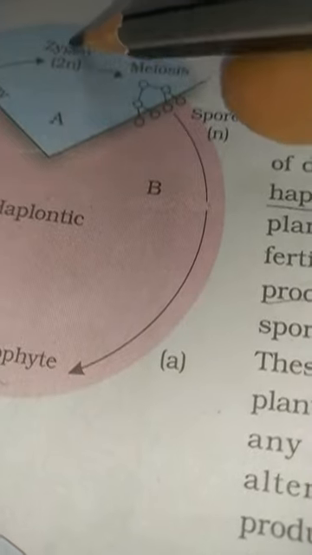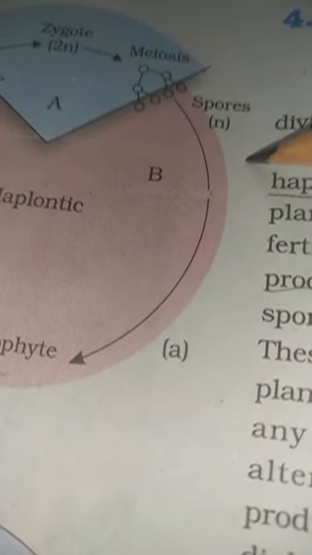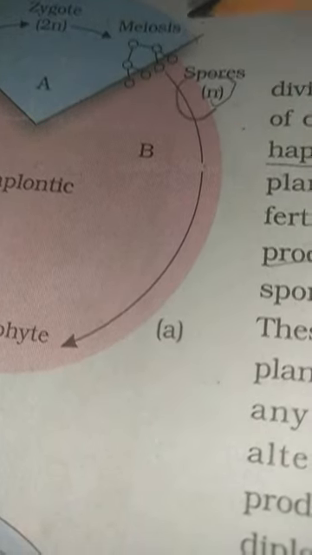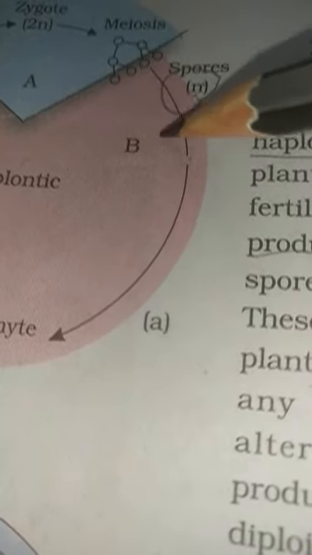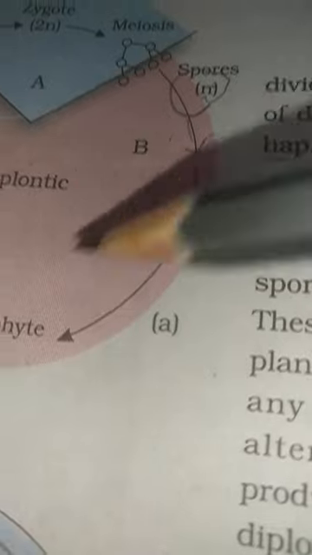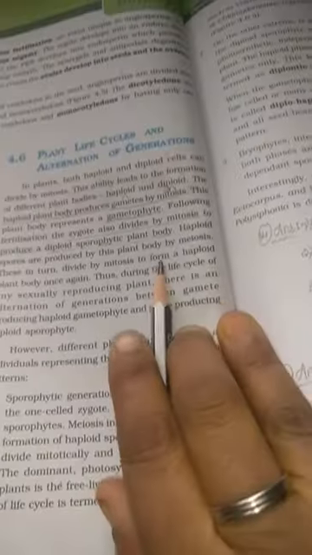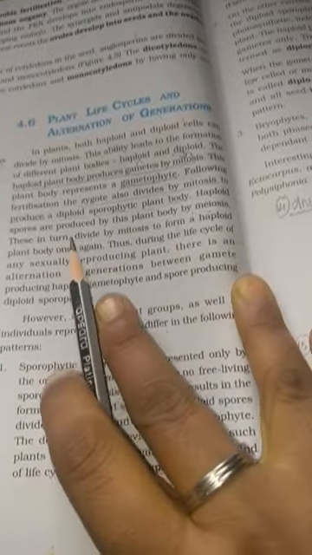The zygote undergoes meiosis to form spores which are haploid, that is N. These spores then undergo mitosis to form the gametophyte, which is haploid again. These are the cycles by which we get the haploid plant body once again.